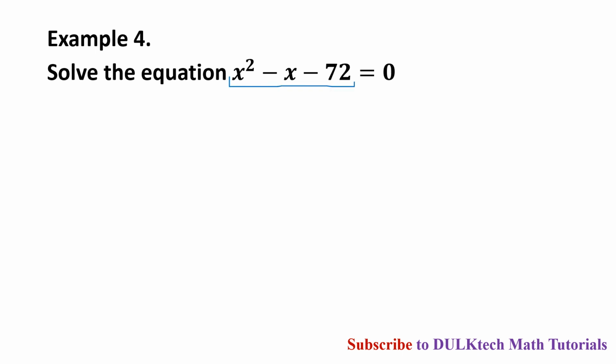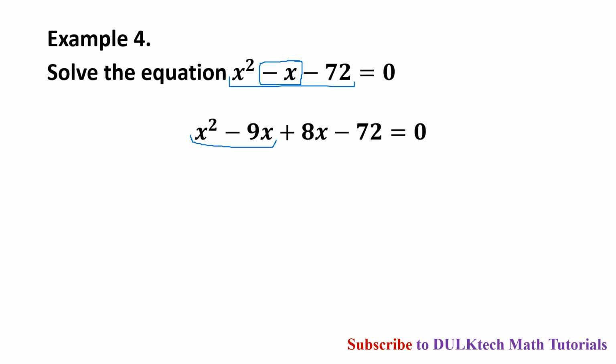Right, so in this case, our factors are minus 9 and 8, and they are both in terms of x. So for the new terms that we are going to add, instead of writing this minus x, we are going to rewrite this minus x as minus 9x plus 8x like this. And if we factorize this by grouping, if we take out x here, we remain with x minus 9.